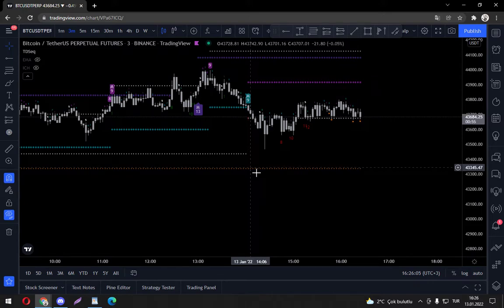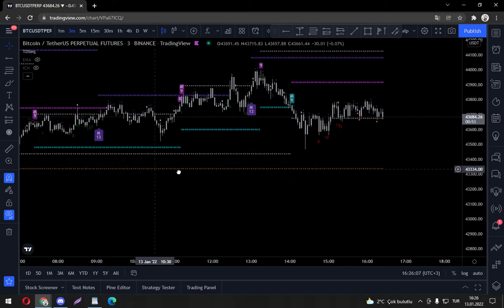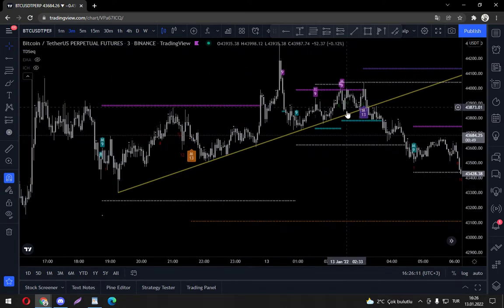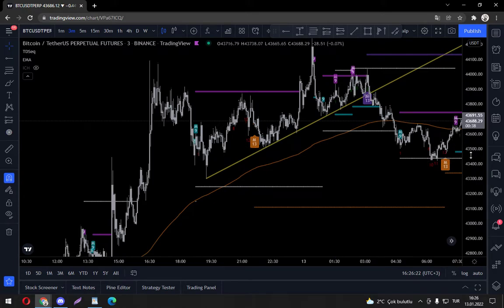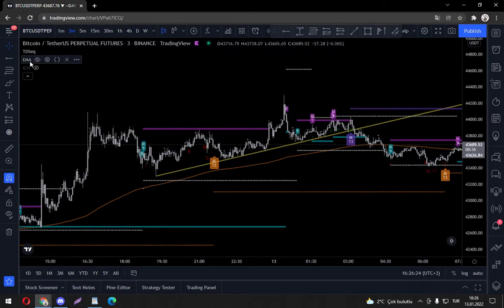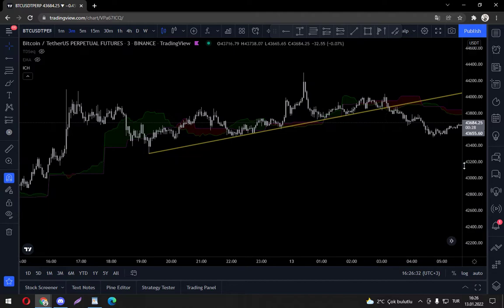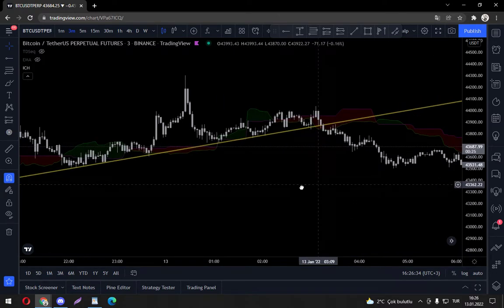There are three ways of identifying the trend. You can draw a trend line. You can use the Trendlines Pro indicator, which I showcased in the previous videos. You can use the EMA, exponential moving average, the 200 period EMA, or you can use the Ichimoku cloud to identify the trend.